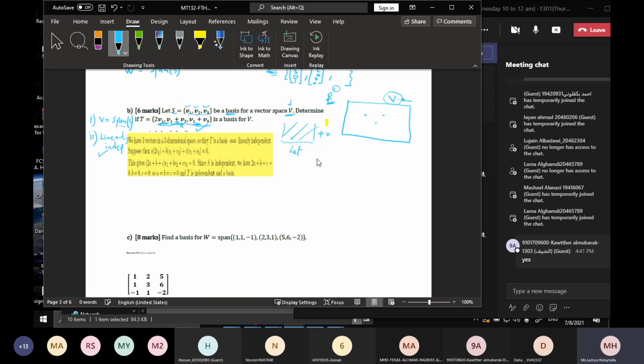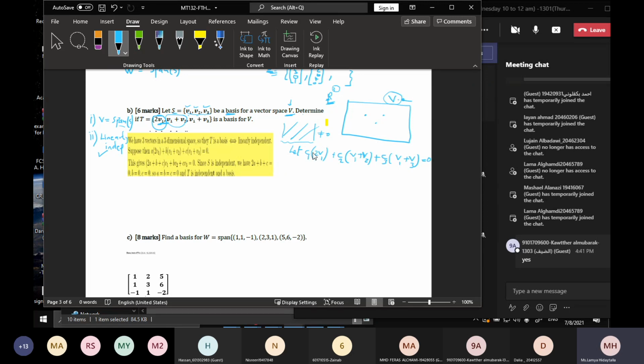We say let C1 times the first vector, which is 2V1, plus C2 times the second one, which is V1 plus V2, plus C3 times the third vector, which is V1 plus V3. We assume that it is equal to 0.